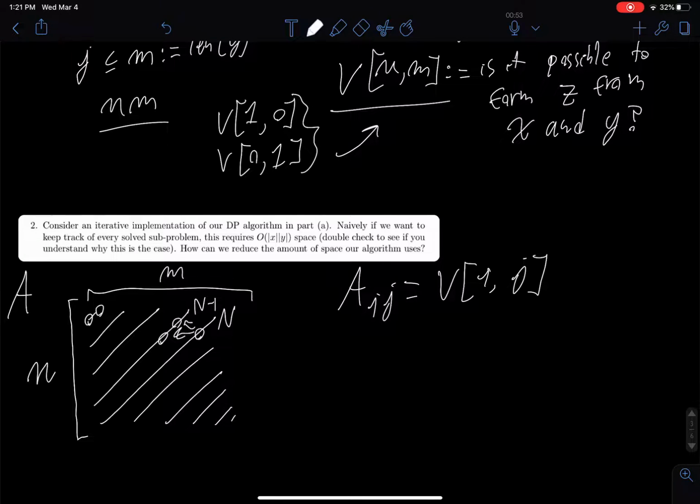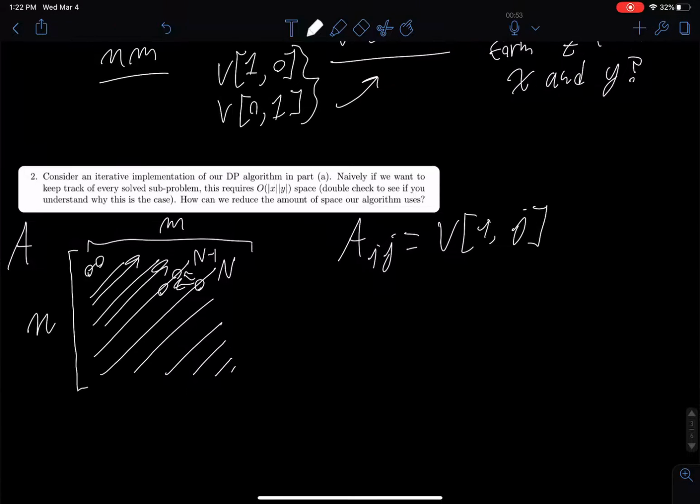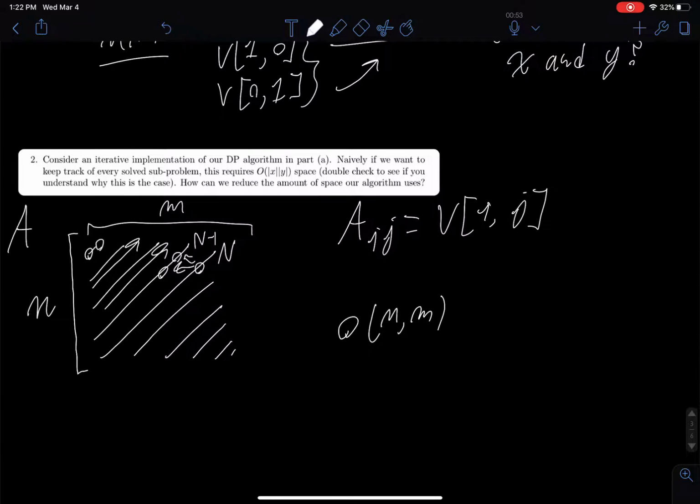And then from there, we just iterate along each diagonal, computing each of the values. This is just simply going to be time O(nm), which is satisfactory.